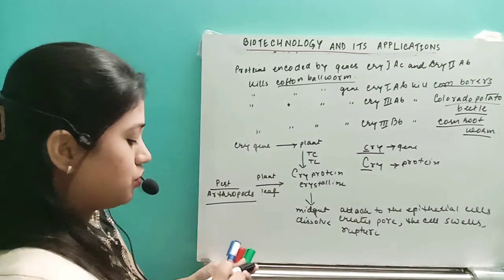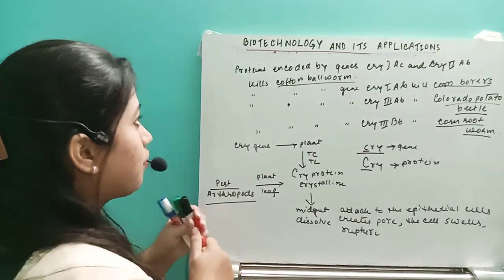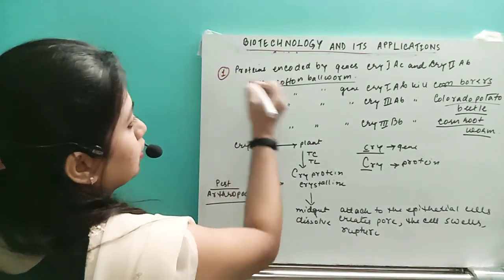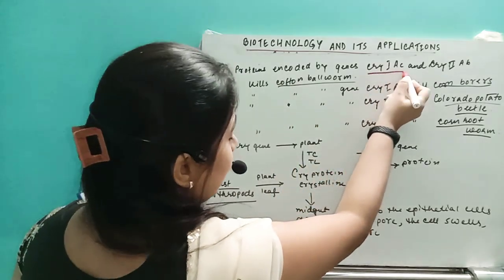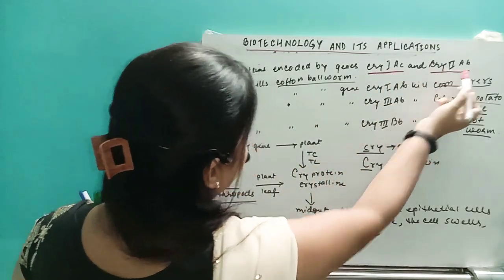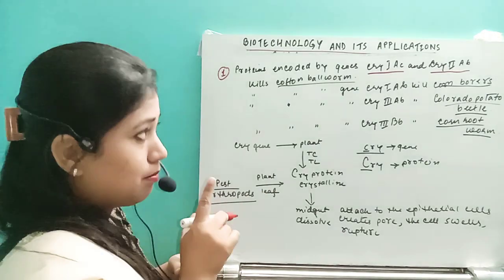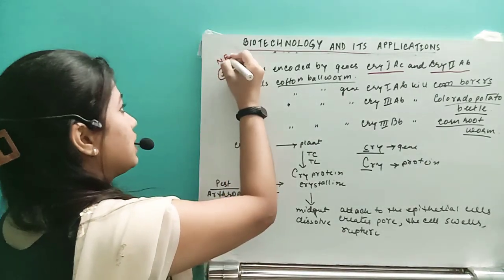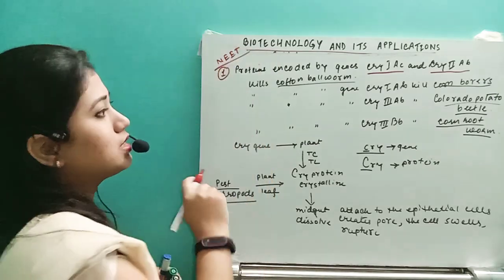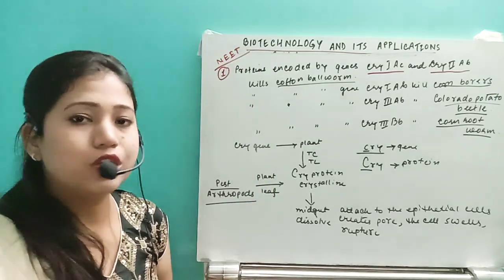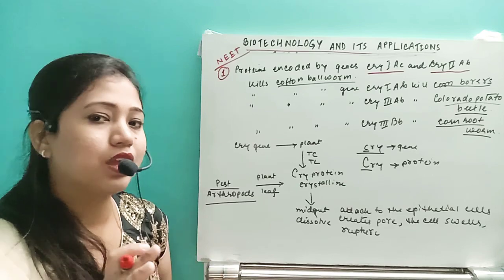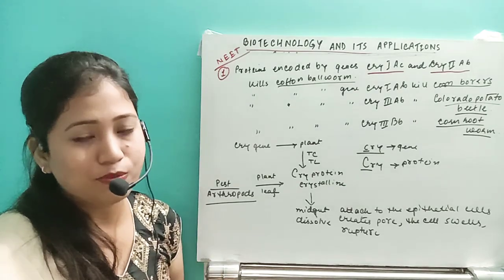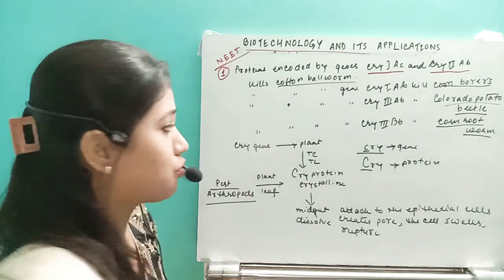First of all, just see the first one, the protein encoded by the genes Cry1Ac and Cry2Ab. Remember, this is going to be very important. It basically comes in the NEET. In the NEET examination you will get at least one question from this, at least in your objective examination, for sure 100%.